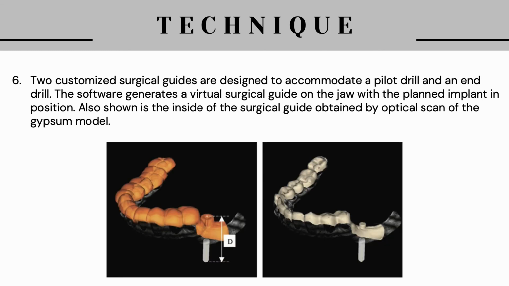Sixth, two customized surgical guides are designed to accommodate a pilot drill and an end drill. The software generates a virtual surgical guide on the jaw with the planned implant in position. Also shown is the inside of the surgical guide obtained by optical scan of the gypsum model.